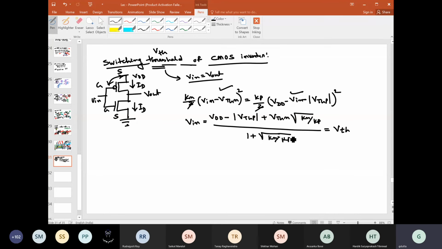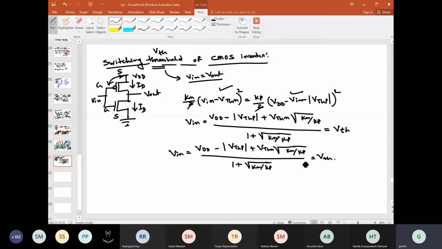Before we go to the next question, we will try to write it in a nice way. So it is root of Kn by Kp over 1 plus root of Kn by Kp, and this is equal to the threshold voltage.